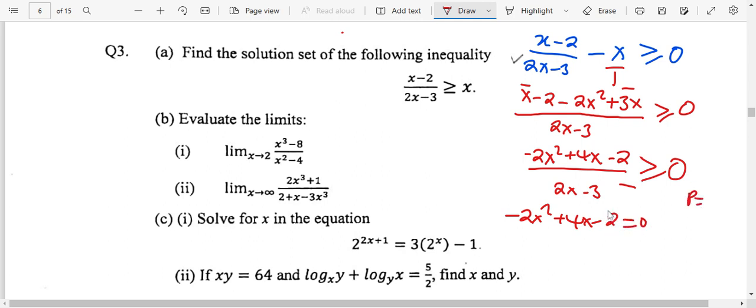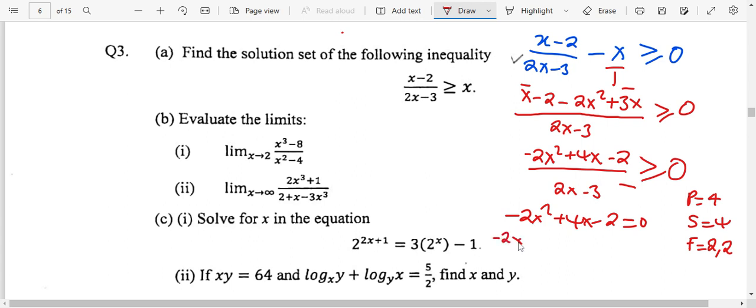So the product here, negative 2 times negative 2, positive 4. The sum, positive 4. What are the factors? What two numbers can we multiply to get 4, and when we add them, we get 4? Positive 2, positive 2.